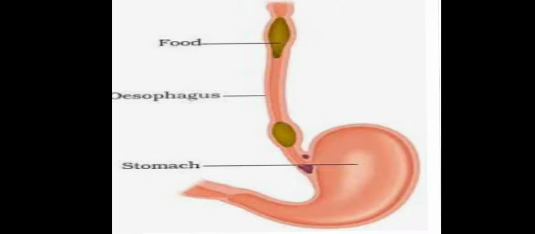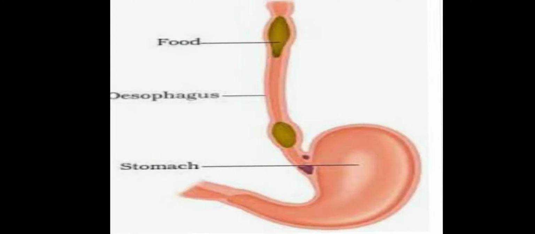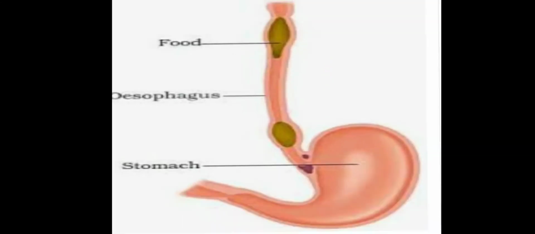Sometimes you are in a hurry while eating, so you gulp the food fast. Even then you are able to eat the food because the wall of the esophagus is flexible. This makes it possible to carry the food from the throat to the stomach easily.